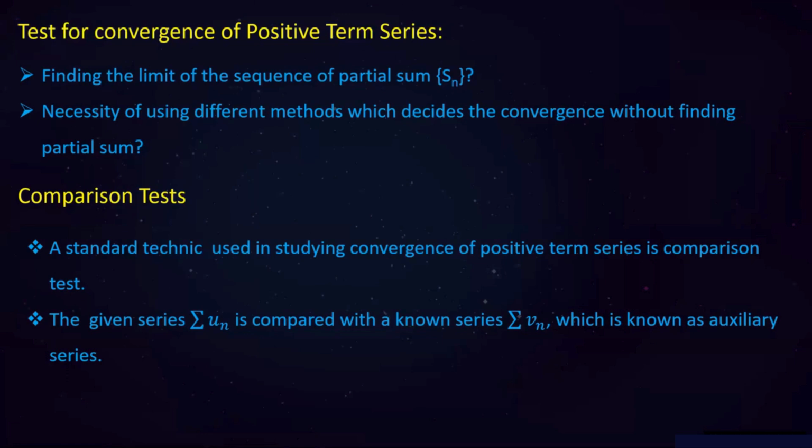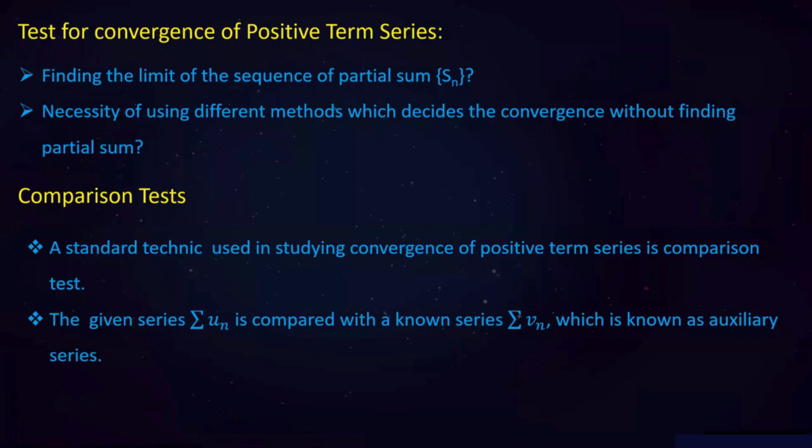normally what we do, we just consider a sequence of partial sums, right? By evaluating the limit of the sequence of partial sums, we'll identify whether the given sequence and of course the given series is convergent or not, right? If the sequence of partial sums is convergent, then its corresponding series is also convergent.